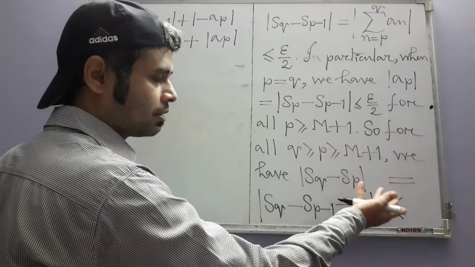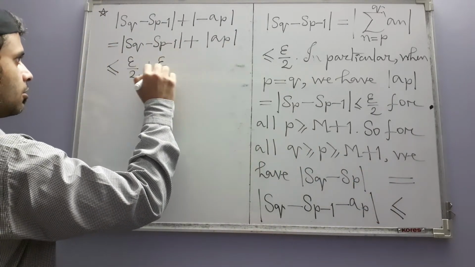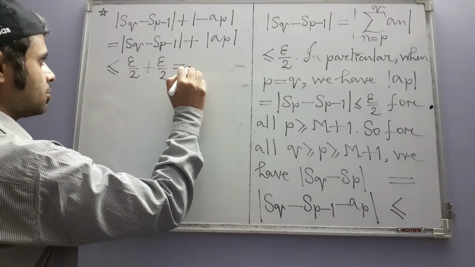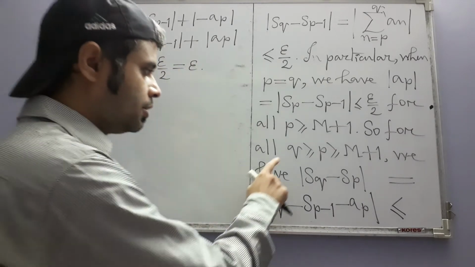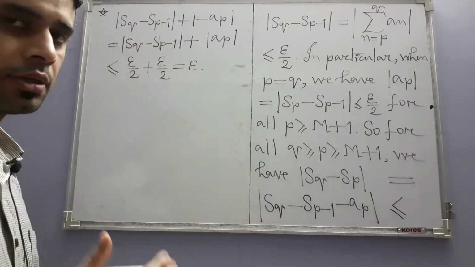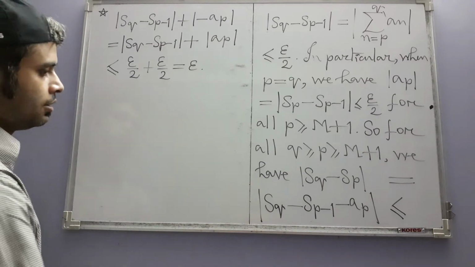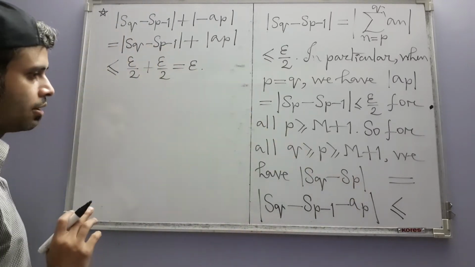P is in fact greater than or equal to m plus 1, so this is also less than or equal to epsilon by 2, so this is equal to epsilon. So when Q and P are related to each other like this and both of them are greater than or equal to m plus 1, then this difference is less than or equal to epsilon.